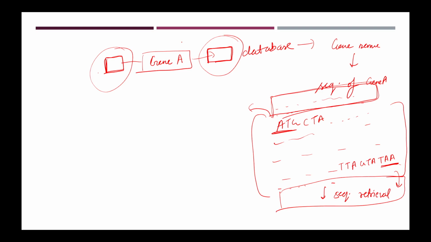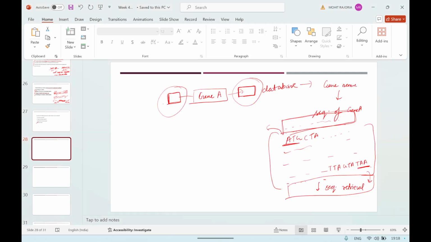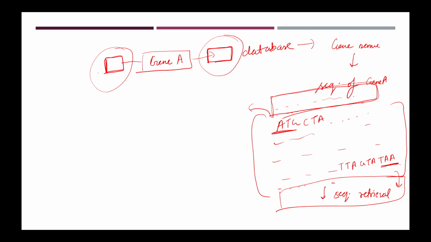Then you have to design primers to make these homology arms and to clone them into our desired vectors. So with the help of the sequence that you have, you will make primers. Let's say there is some random sequence.